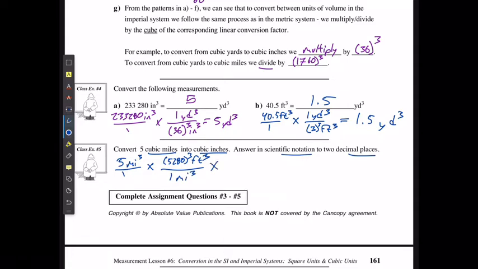And I'm going to convert that into inches, 12 to the power of 3 inches cubed over 1 foot cubed. And this is going to give me 1.27 times 10 to the 15 inches cubed.